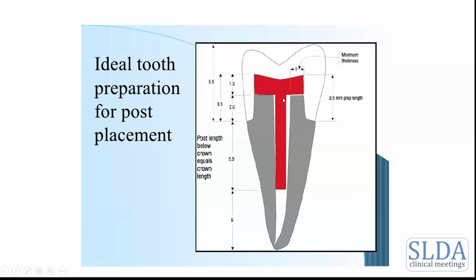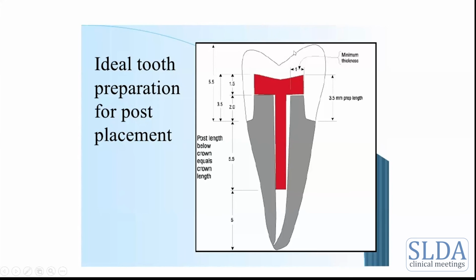So it says the height of the crown and the length of the post should at least be equal, or it is always better if the length of the post inside the root is higher than the crown height.